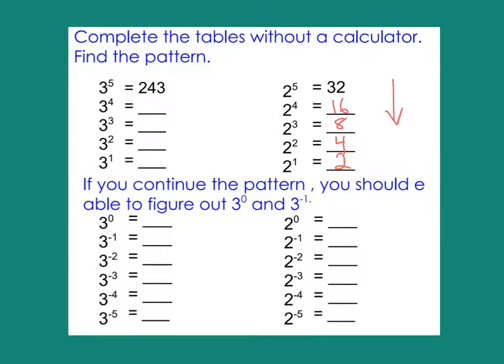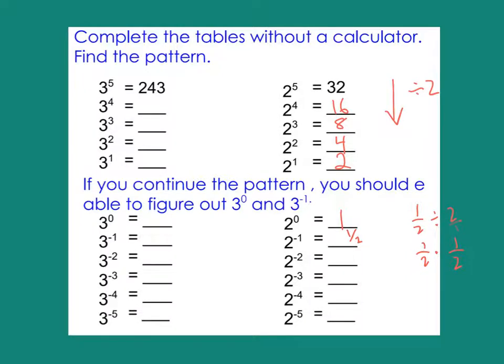As you look down, we're looking at a pattern of dividing by 2. As I go from 32 to 16, I divide by 2. 16 to 8, I divide by 2, divide by 2, divide by 2. Now we already know that 2 to the 0 is 1. And 2 divided by 2 is 1. What is 1 divided by 2? 1/2. What's 1/2 divided by 2? Well, 1/2 divided by 2 is 1/2 times 1 over 2.